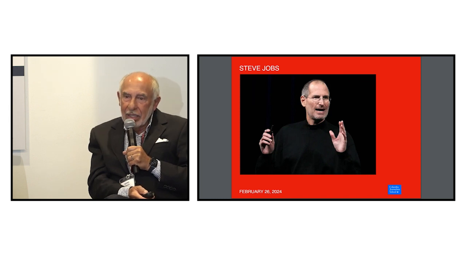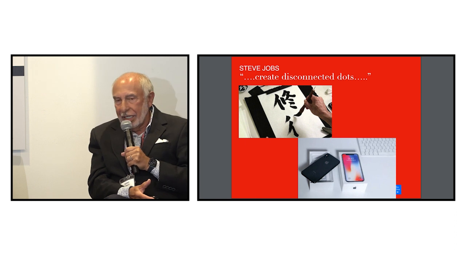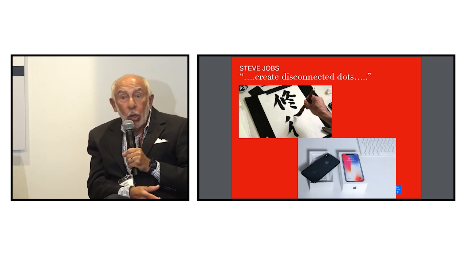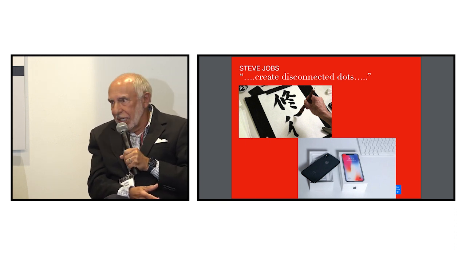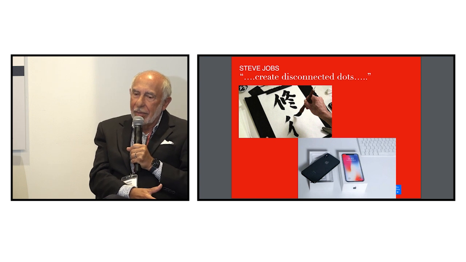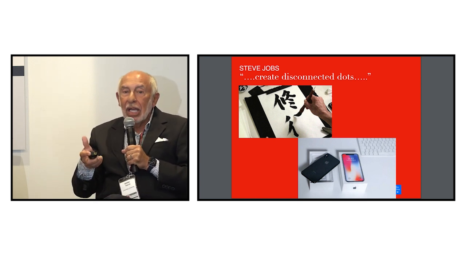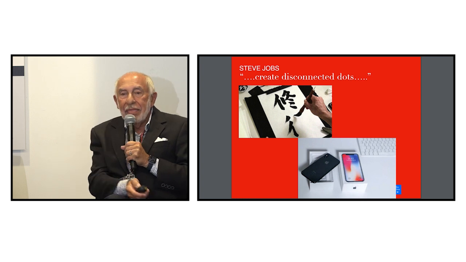And in his biography, he says that it was the aesthetics that inspired most of what we have in the aesthetics of the iPhone. A human can connect the disconnected. The robots could not have made the connection between ancient Japanese calligraphy and the iPhone unless a human prompted that.